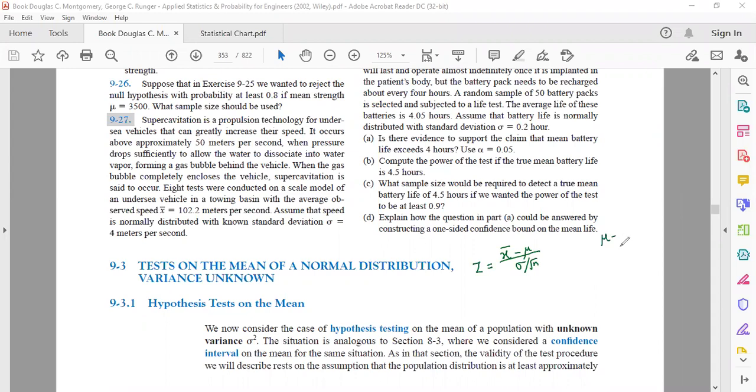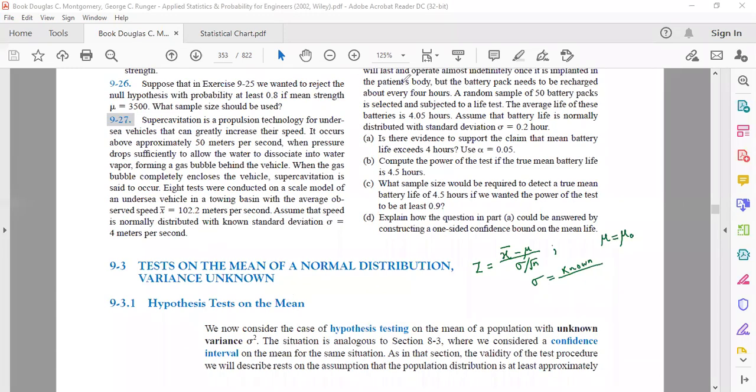This mu had some value mu naught, and under the assumption of this null hypothesis, we calculated this particular test statistic. But one extra condition was also mentioned, that the population standard deviation was known to us. So that's why we could use this particular large sample test over here.